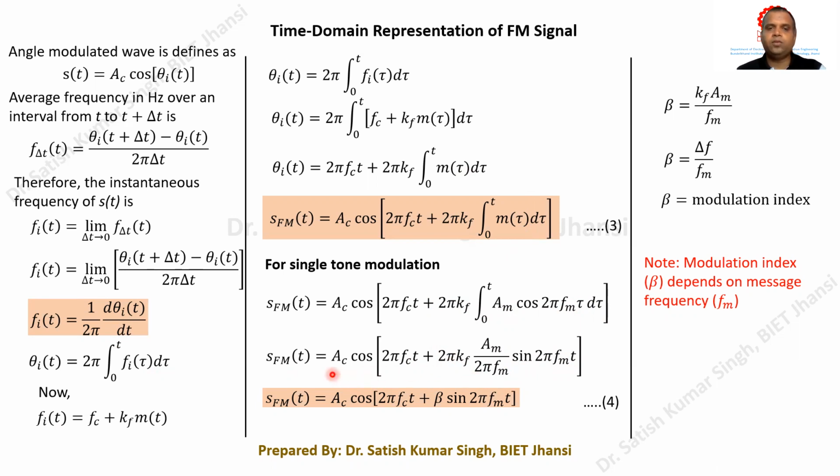Then we get an equation like s_FM(t) equals A_c cos of 2πf_ct plus k_f A_m divided by f_m times sine 2πf_mt.